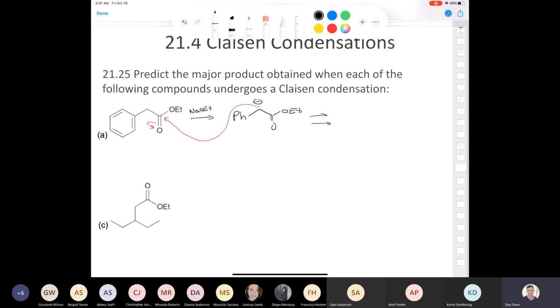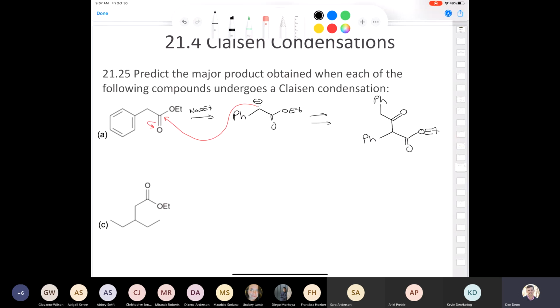Let's see if we can do that. So I'm going to start by drawing this portion here. Remember, we're going to lose this OEt, right? The alkoxide is the leaving group. So what's going to be attached to this carbon? Well, we're going to have the carbonyl that's reformed after the loss of the leaving group, and we're going to have one carbon and then our aromatic ring, like that.